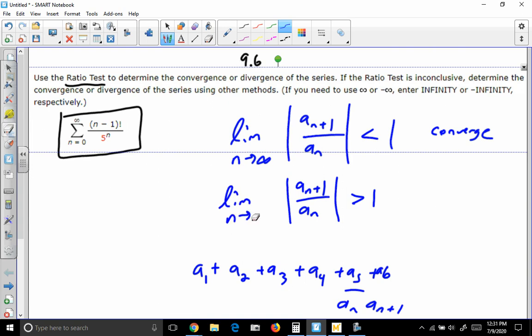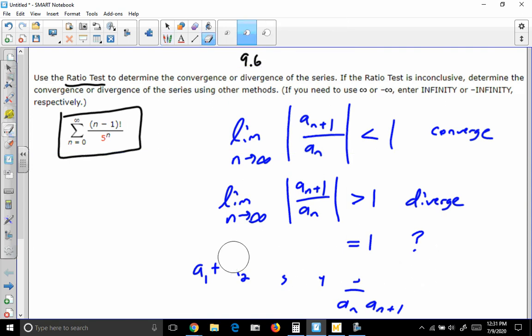So as we're getting closer and closer to infinity, if the following term is normally larger than the previous term, that one's going to diverge. If that limit equals 1, then it's inconclusive. We don't know what's going to happen. We're not sure, is it going to converge? Is it going to diverge? We don't really know for sure.